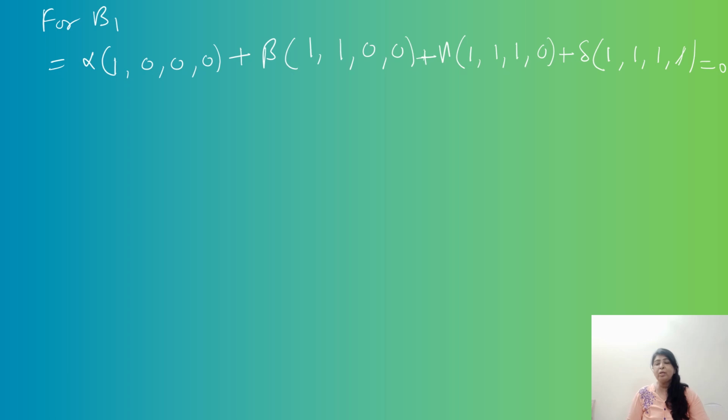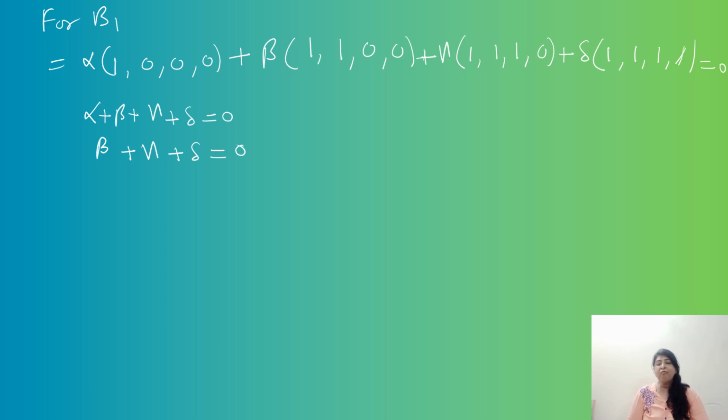Alpha into 1 is alpha, beta into 1 is beta, gamma into 1 is gamma, delta into 1 is delta. So the first component will be alpha plus beta plus gamma plus delta equal to 0. Another equation is alpha into 0 is 0, beta into 1 is beta, plus gamma plus delta equal to 0.